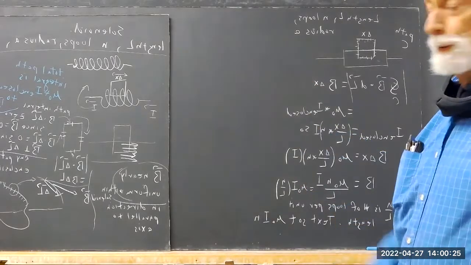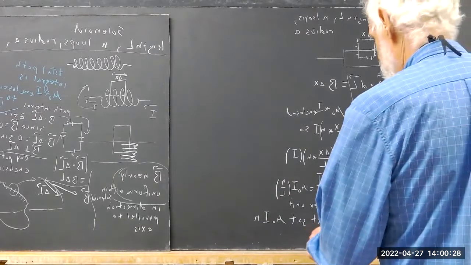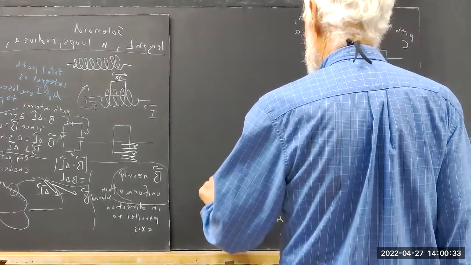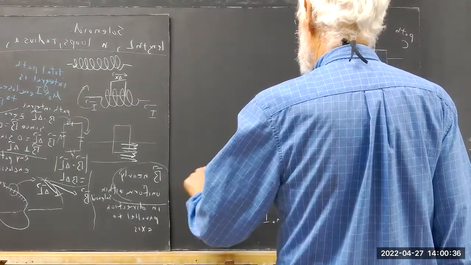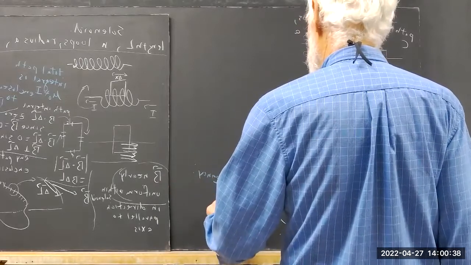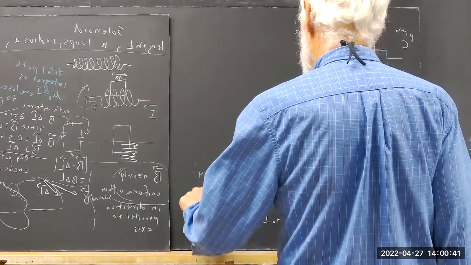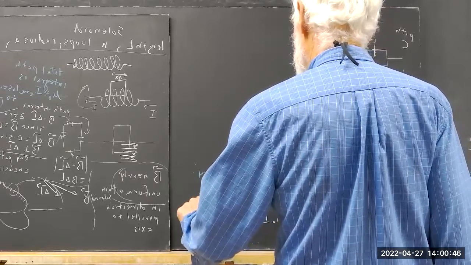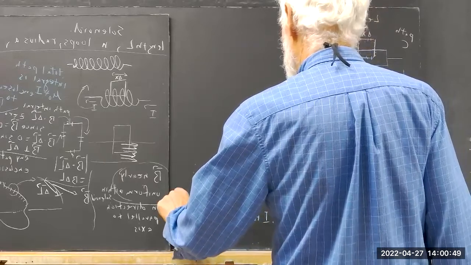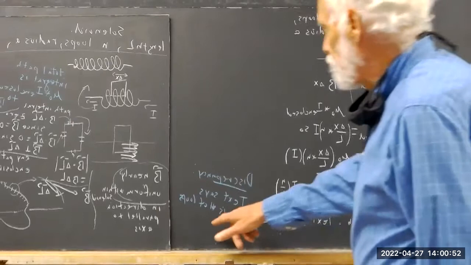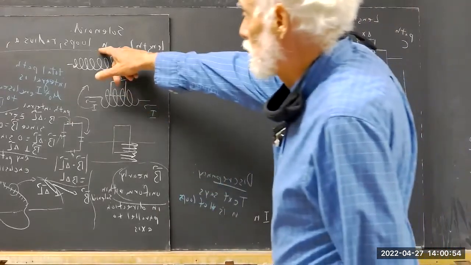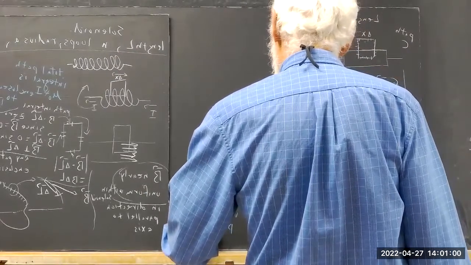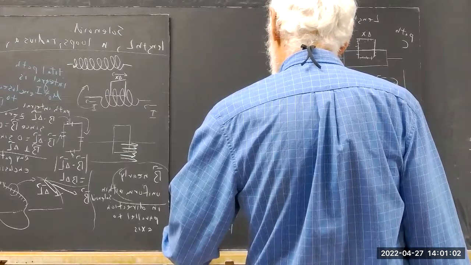And hopefully you'll then see that the text says that N is the number of loops, which is what I said, but then your text says per unit length.